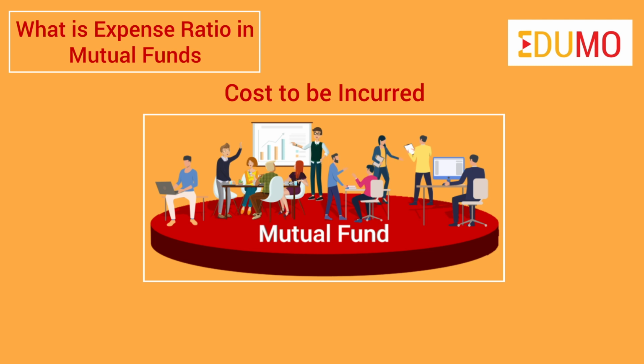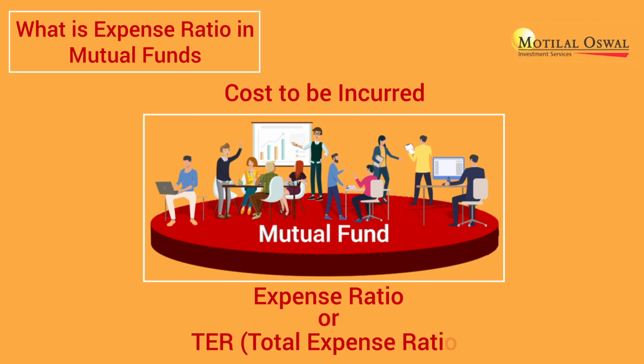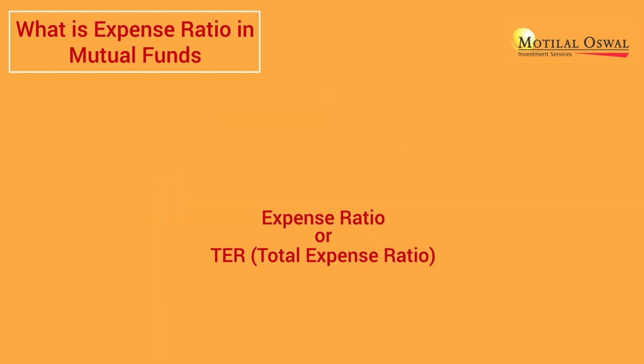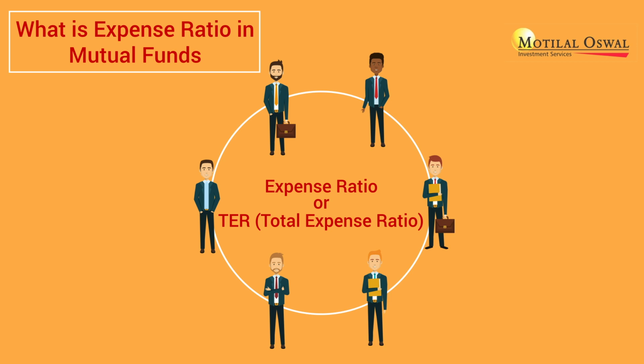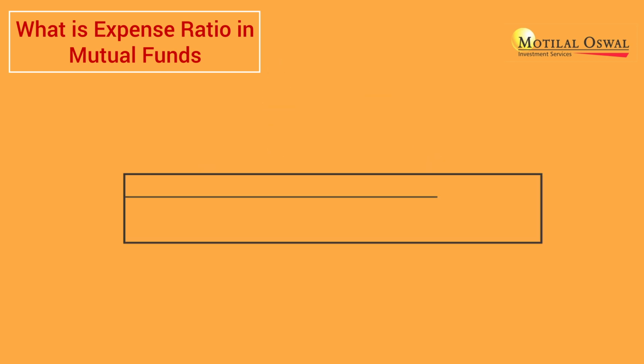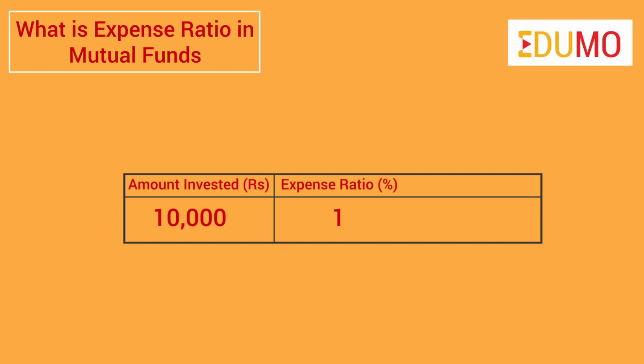These costs make up the expense ratio, also known as the TER or the total expense ratio. It is charged from all investors as a percentage of their total investment. For example, if you invest Rs 10,000 in a mutual fund and its expense ratio is 1%, you will have to pay Rs 100 for the management of your fund.